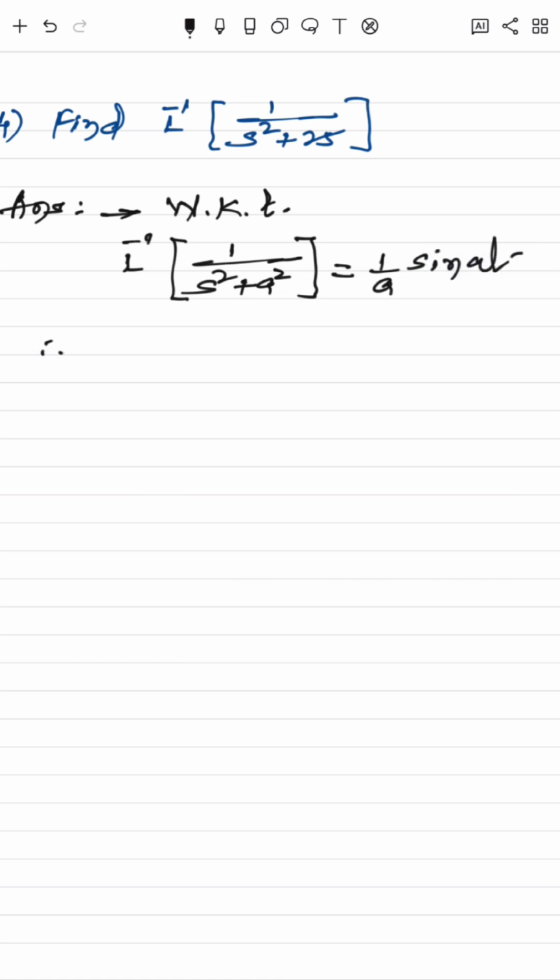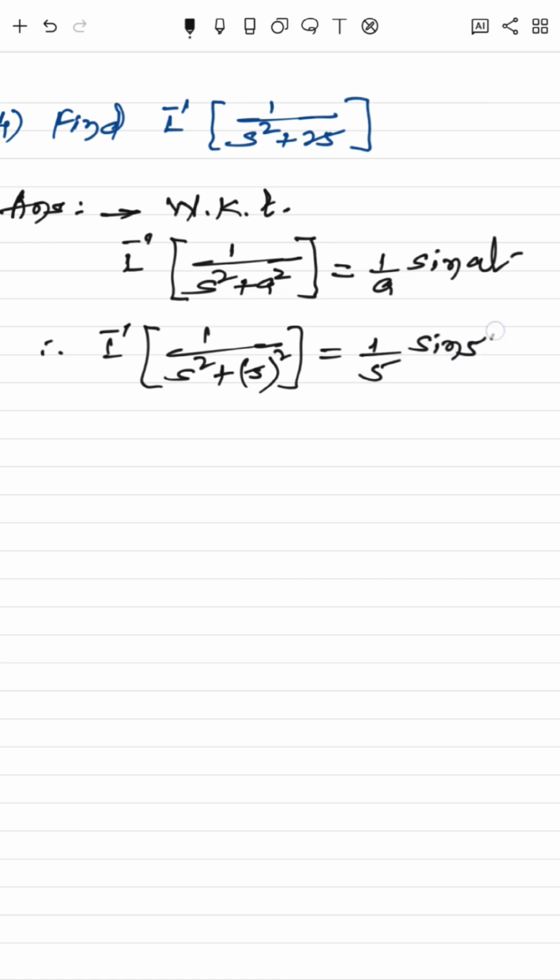Therefore, inverse Laplace transform of 1 upon s square plus 25, that means a square is 5 square, so a is 5, is 1 by 5 sine of 5t as the required answer.